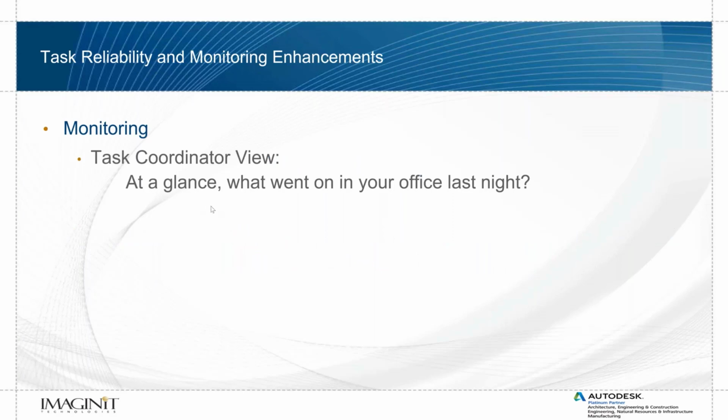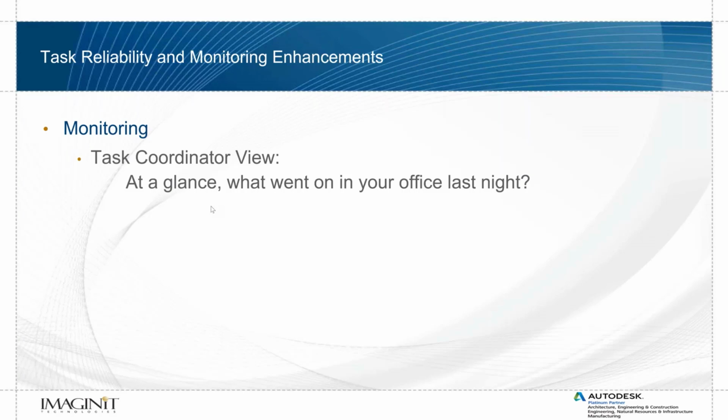So the first thing that I'll show you is a new view that we have in the system, what we call the task coordinator view. Last year, we provided you with the task dashboard, which gave you that sort of pivot table summary of what kinds of tasks have been done and are they working or not working. We wanted to give another variation of that focused on 2 different aspects.